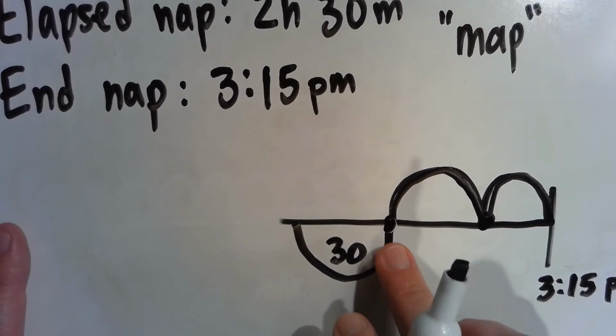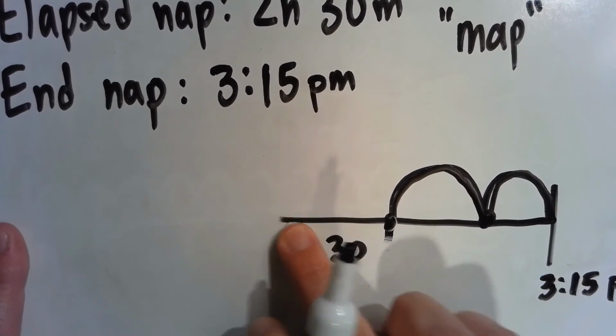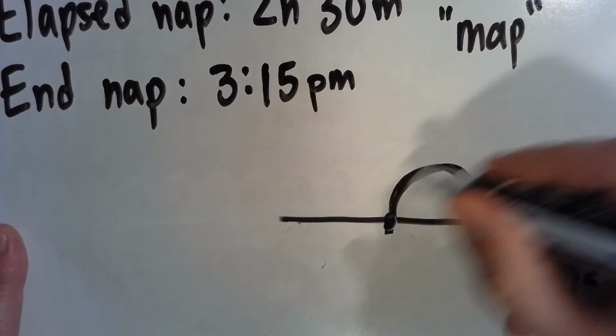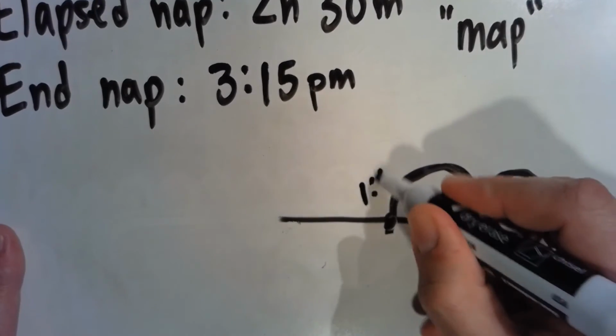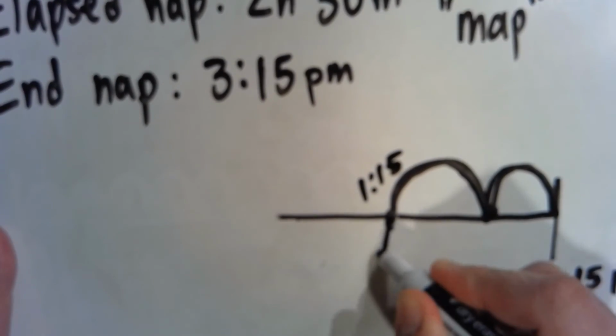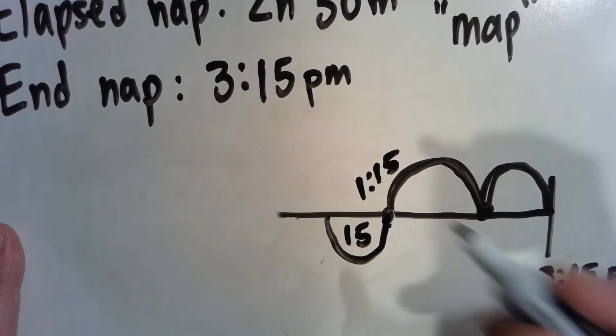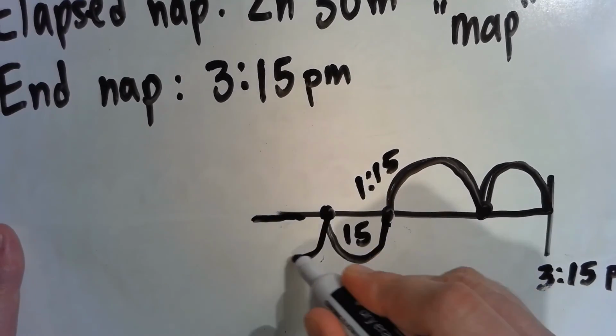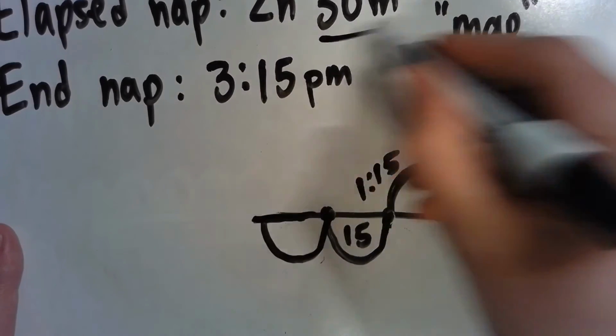Here's where it gets a little tricky. I'm going to look at this 30 minutes. So it was 2:15, 1:15. I'm actually going to take this back 15 minutes to get us to a different time, 1 o'clock, and then take us another 15 minutes to make it the 30 minutes total.